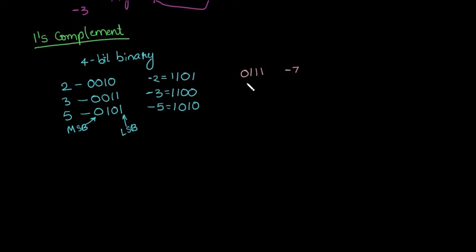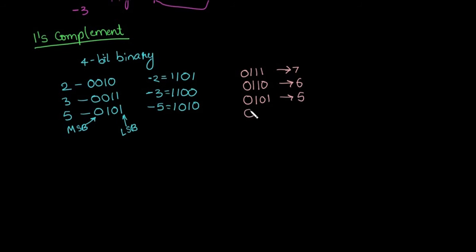This is 7, and the next lesser value is 0 1 1 0, that is 6. The next value is 0 1 0 1, which is 5.